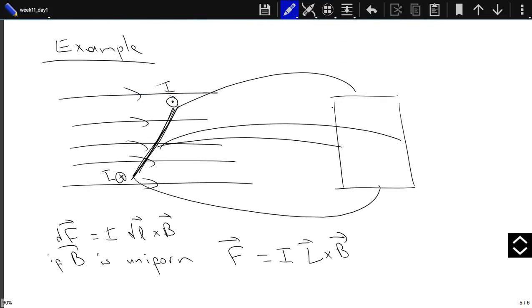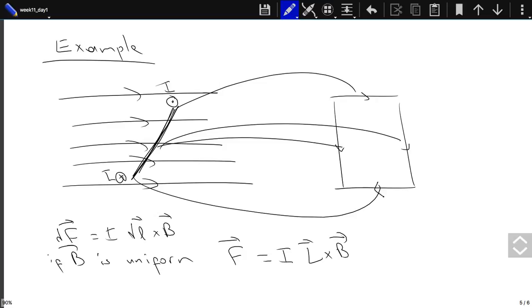So let's come here. Let's just assume that this is the direction of the current from this side view. Now the top part. Okay, this is the top. The current is coming in that direction. The magnetic field is in that direction. So what is the direction of the force acting on the top part? This is the direction of L, this is the direction of B. So it's just upwards.